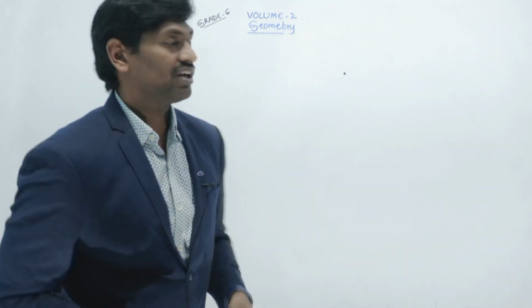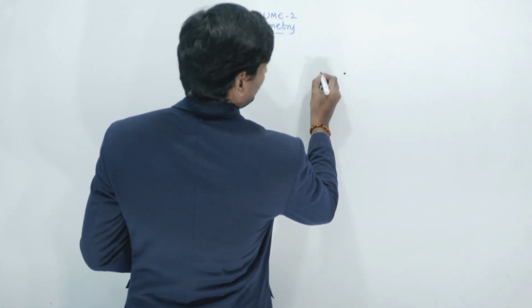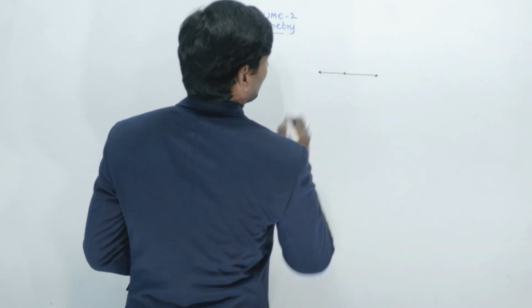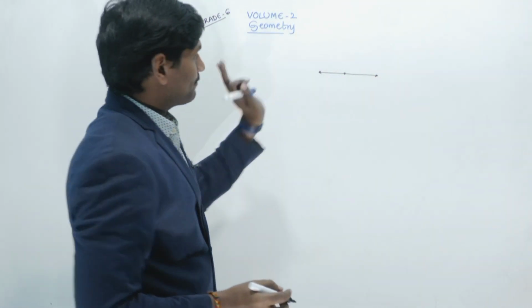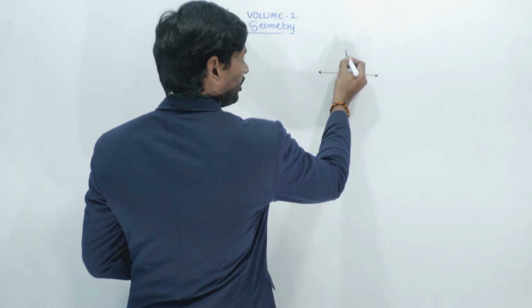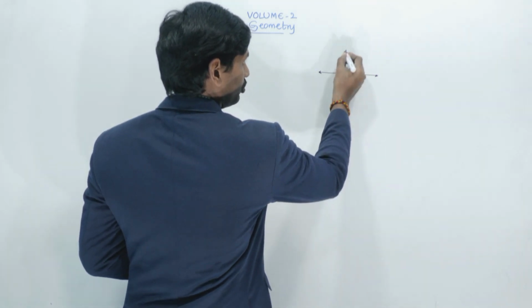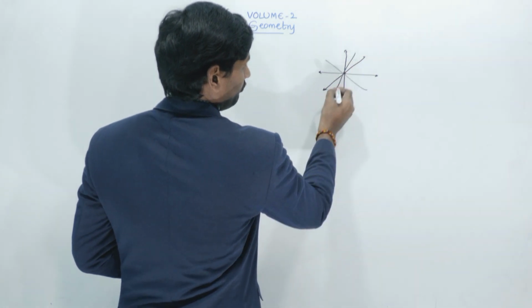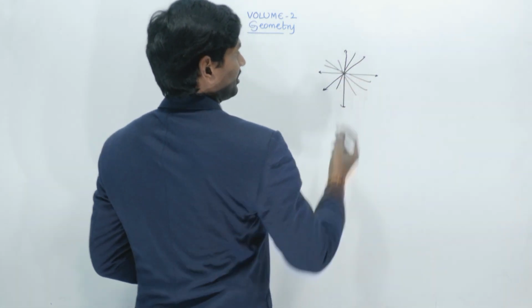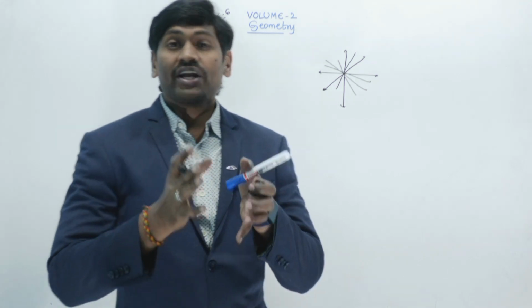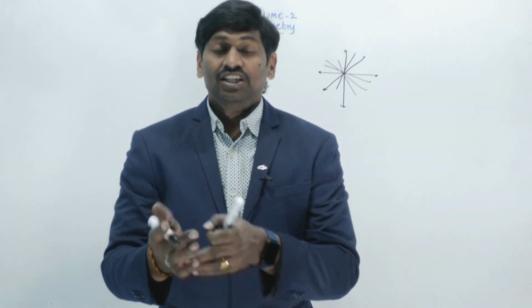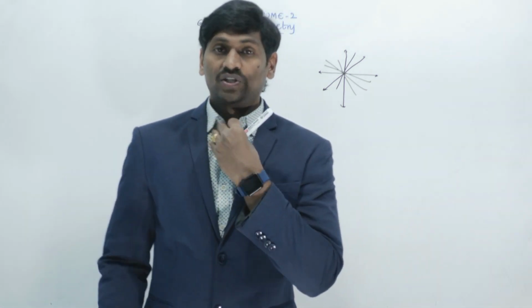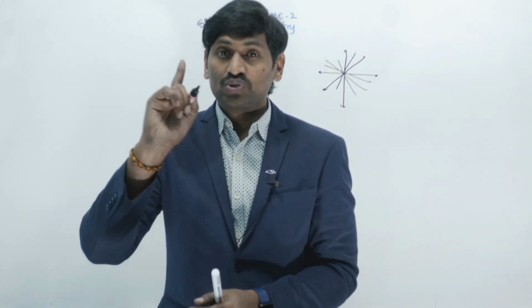A horizontal line, yes, one line. We can draw a vertical line also, two lines. Slant lines, 3, 4, 5, 6, 7, like that. We can draw an infinite number of lines through a single point.